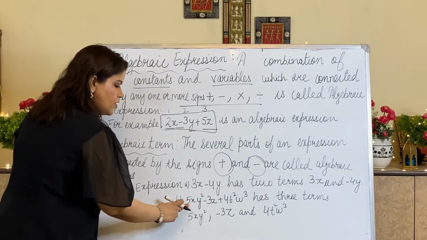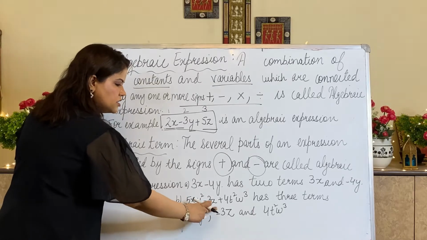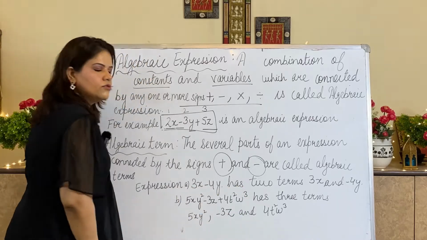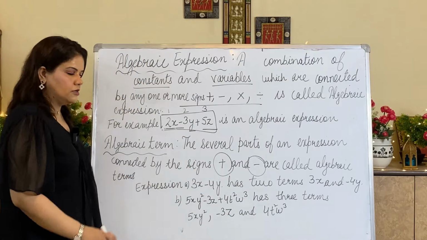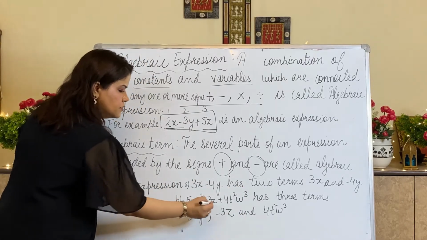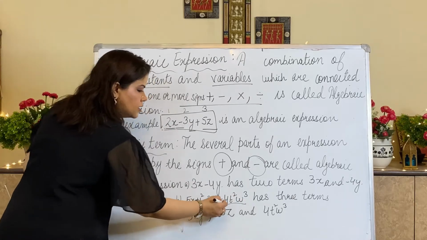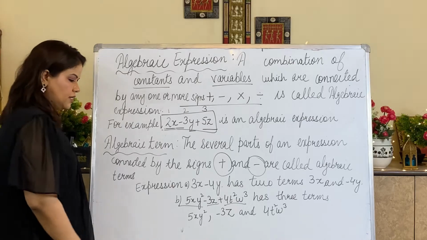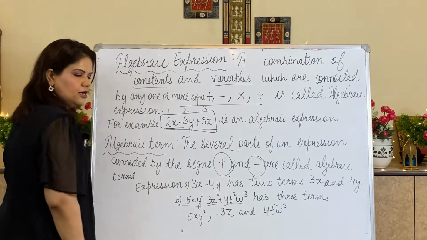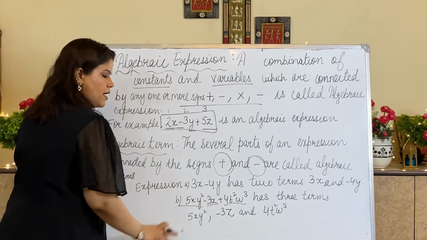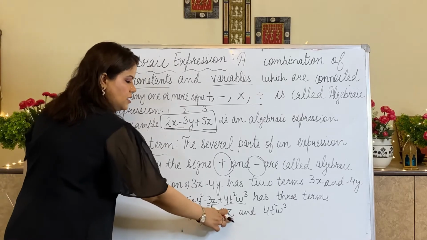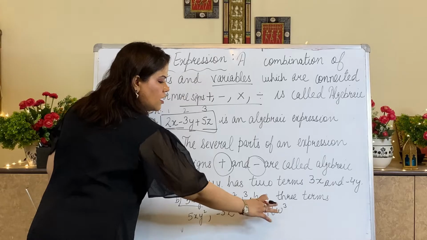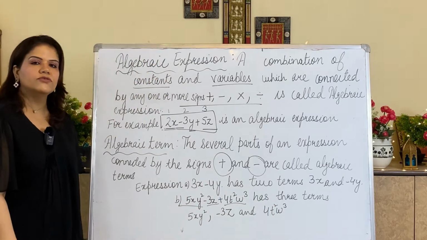In this expression, 5xy square minus 3z plus 4t square w raised to power 3, how many terms are there? First term, second term, third term. Now first is generally written without plus sign. So 5xy square. This is with minus sign, minus 3z. And the third one is 4t square w raised to power 3.